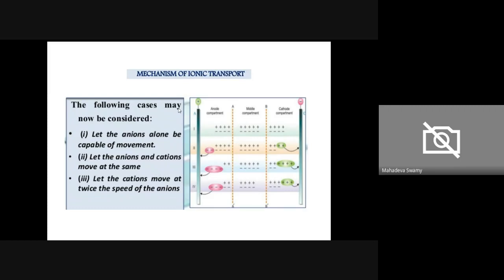Imagine a cell having three different compartments: the anode compartment, the cathode compartment, and the middle compartment.